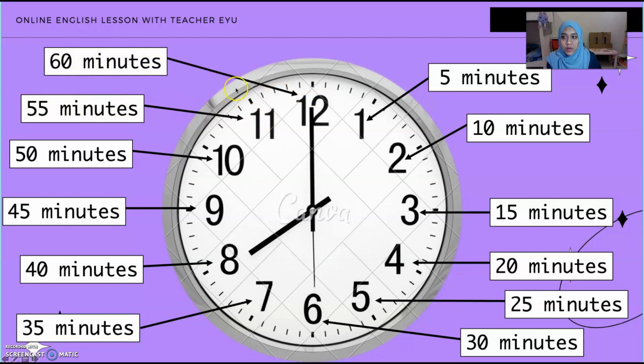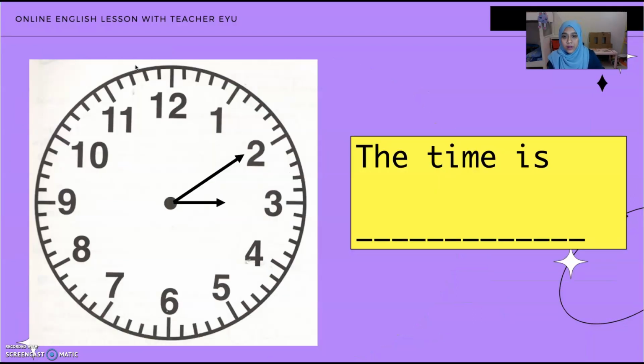And lastly, 12, 60 minutes. 60 minutes equal to 1 hour. 60 minit, 1 jam.